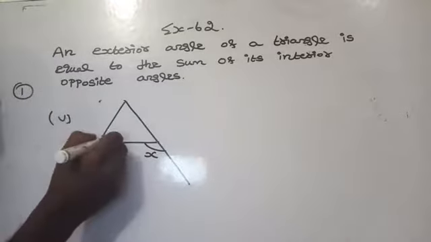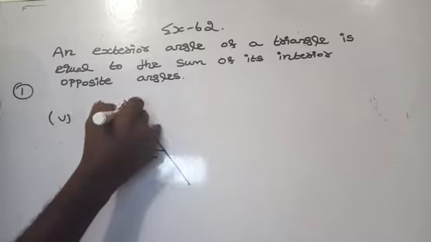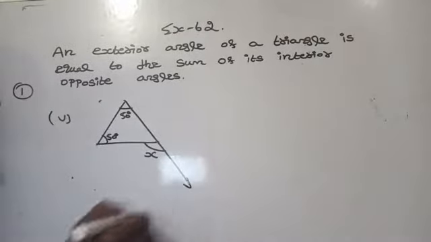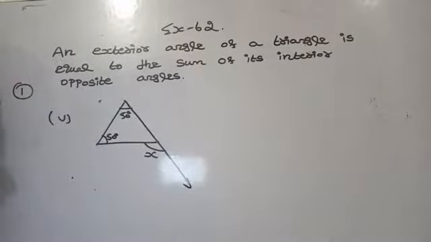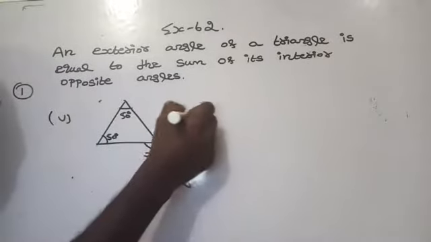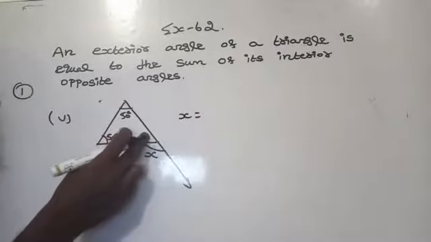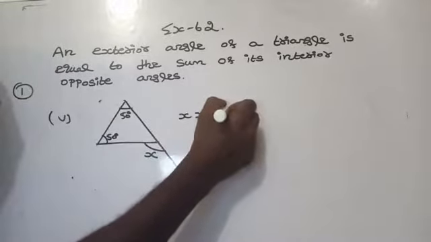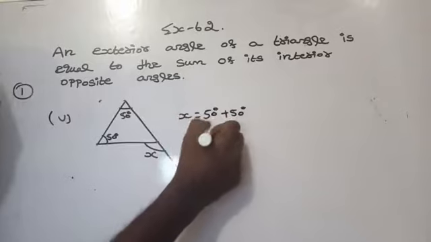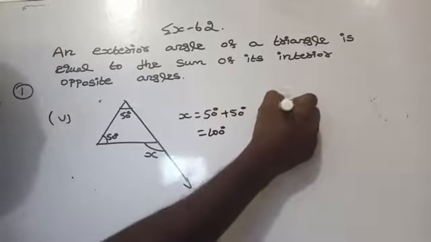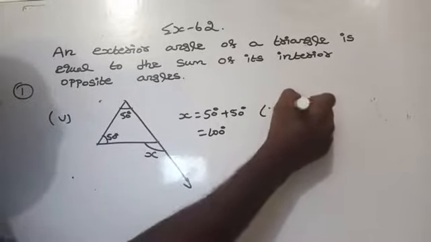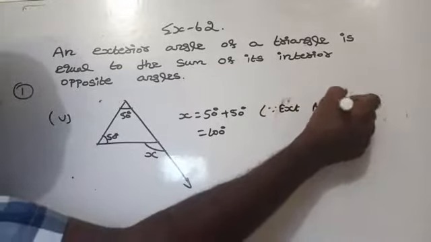It is 50 degree. Find the value of unknown. So in a triangle, if any side is produced, exterior angle so formed is equal to sum of opposite angles to its interior. So it is exterior angle. It is an interior angle. Two opposite angles to the interior are 50 degree and 50 degree. Therefore, x is equal to 50 degree plus 50 degree, which is equal to 100 degree by using exterior angle sum property of a triangle.